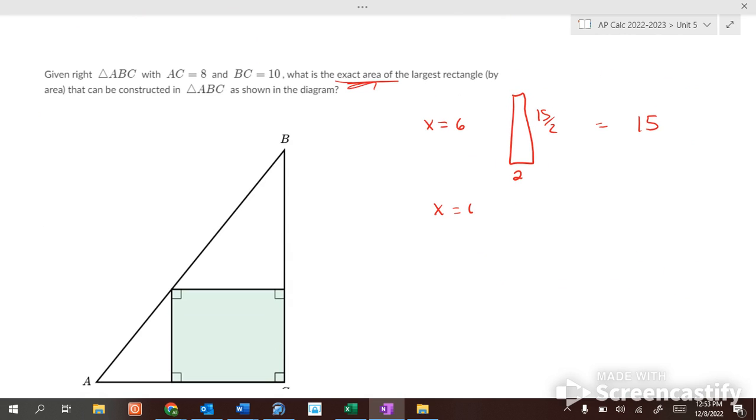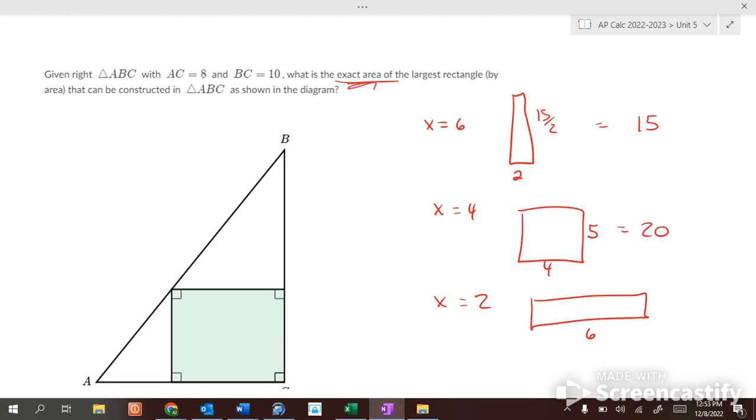If x equals 4, it's 4 by 5, or 20 for the area, right? If x equals 2, then it's 6 times 5/2, or back down to 15 for the area.